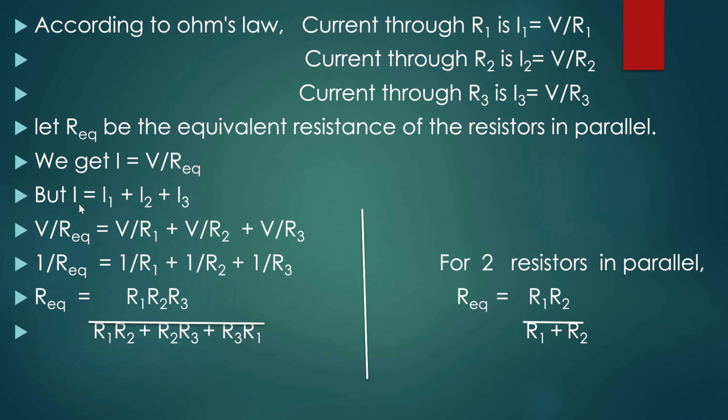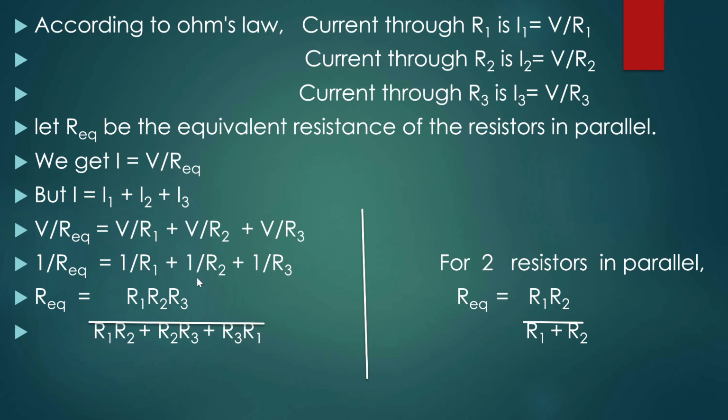But we know what I is: I is V by R equivalent, which is equal to V by R1 plus V by R2 plus V by R3. Here we have V common throughout, so we can cancel the V term. We get 1 by R equivalent is equal to 1 by R1 plus 1 by R2 plus 1 by R3.